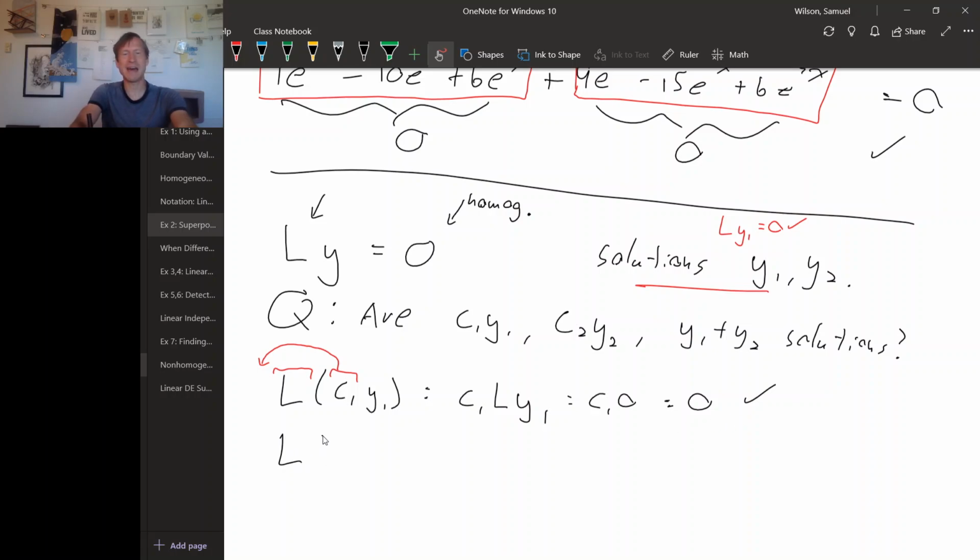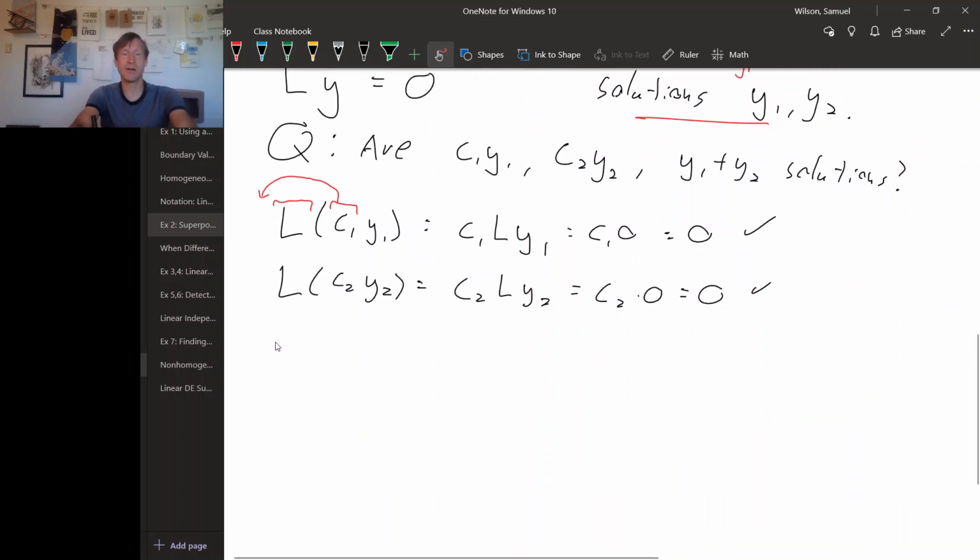The same thing is going to happen with C2 y2, of course. You move the C2 outside the differential operator, and then L applied to y2 is 0 because y2 is a solution to the differential equation. So you get C2 times 0, that's 0, and so C2 times y2 is a solution to the differential equation.